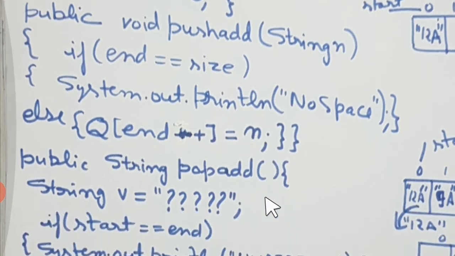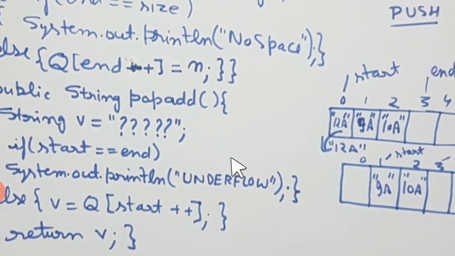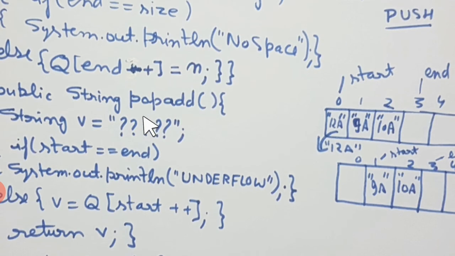After that, we have public string pop add. Students, you can see it is there for the pop operation, or removal of the data element from the Q. The diary is there, and the problem was saying that it simply returns the address in the diary which is at the front end, which is here called start.